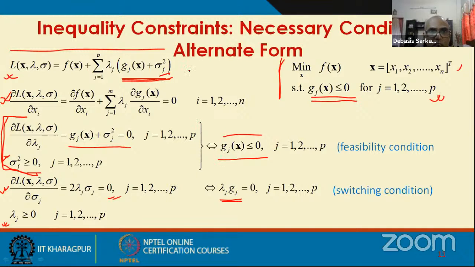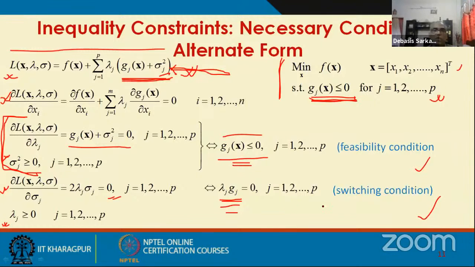So in other words, the introduction of this sigma slack variable, which is required to convert this inequality constraint to an equality constraint, is not necessary if the conditions related to this sigma j are replaced by this condition and this condition, which are known as the feasibility condition and switching condition.